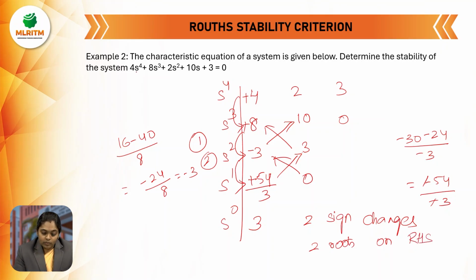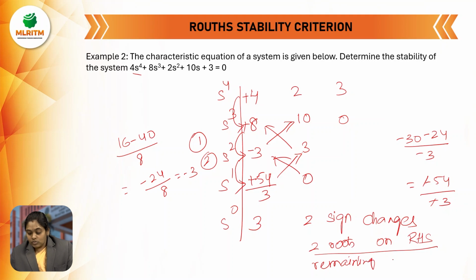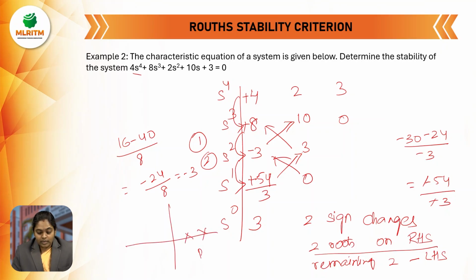So total how many roots are there? 4 roots. Among 4 roots, 2 are on the right side. So how many are left over? Remaining are 2. So 2 will be on the left side. So as I told you previously, if at least one root is on the right side, the system is said to be unstable. This is how to calculate the stability by using the Routh's array.